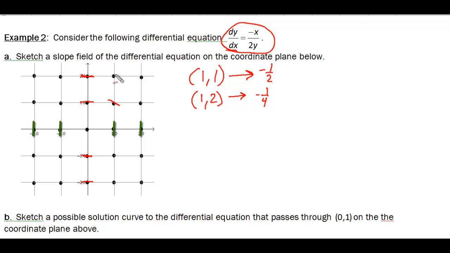At the point 1, 2, we get negative 1/4. So now it's not even that steep. It's like here, negative 1/4. If we switch it over and do negative 1, 1, and negative 1, 2, well, that just changes them to positive. And so we have positive 1/4 and positive 1/2.